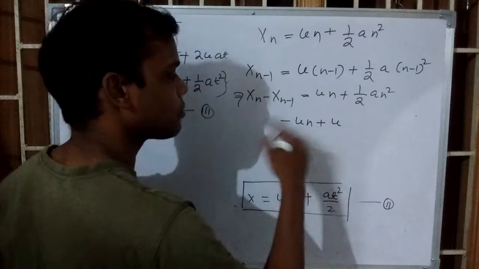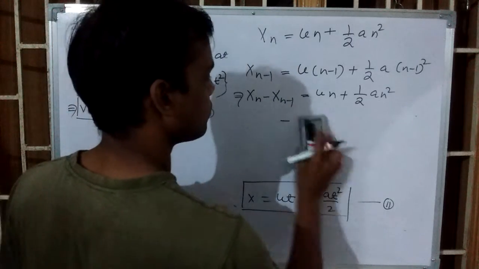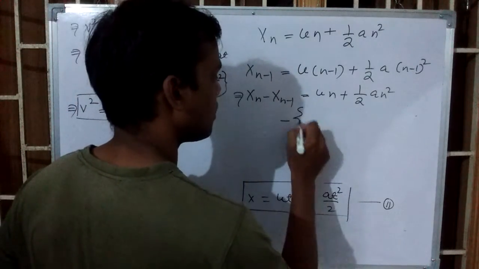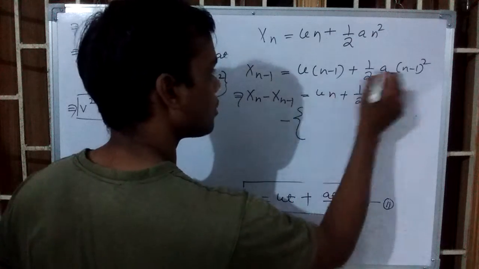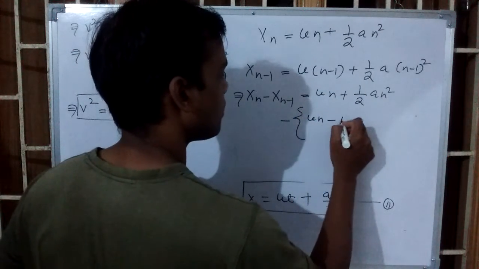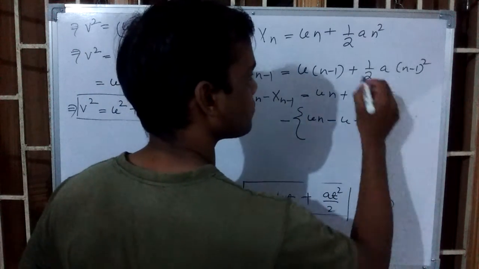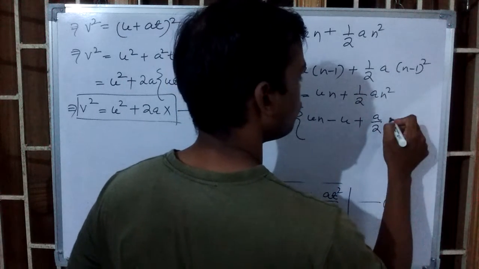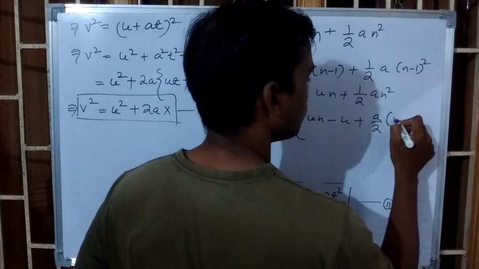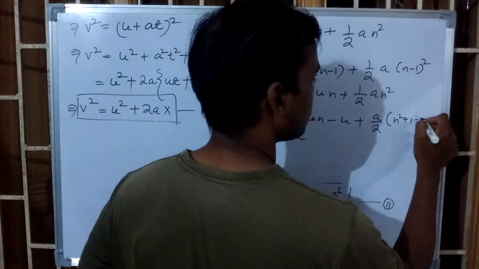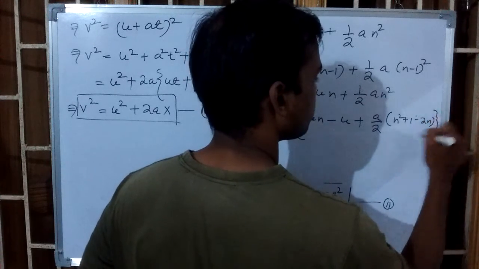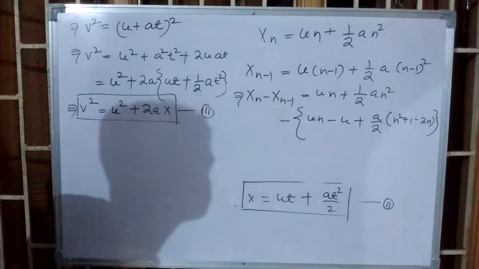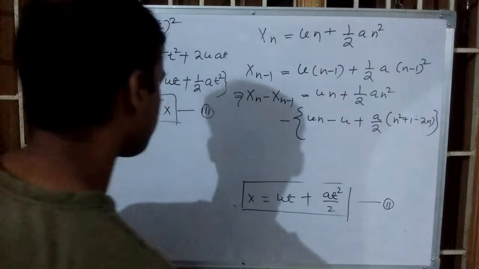Let me write it in detail, so it will be un minus u plus a by 2 times (n square plus 1 minus 2n). This will be the total expression.